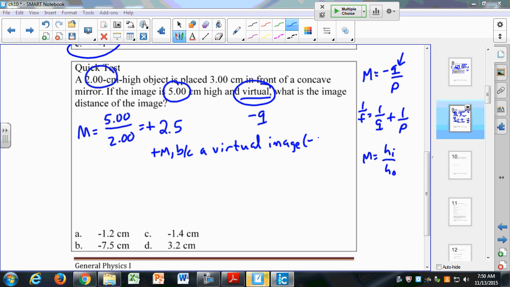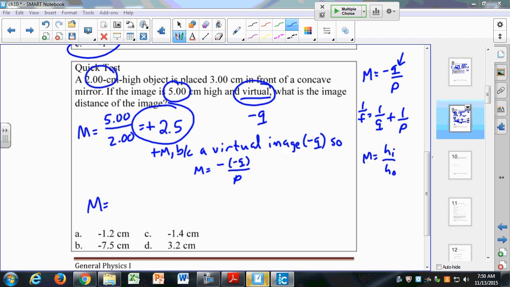That means I have a negative Q. So M is equal to negative of a negative Q over P. So it's going to be a positive value because I know that that Q is negative. All right, so our magnification is plus 2.5. And now I'm looking for the image distance.